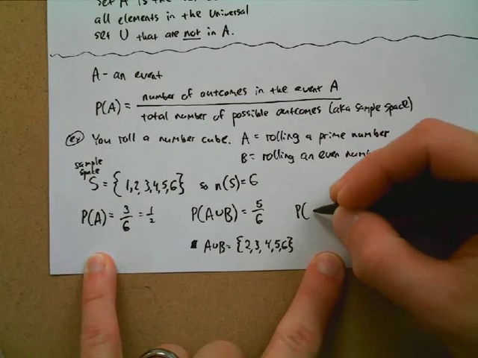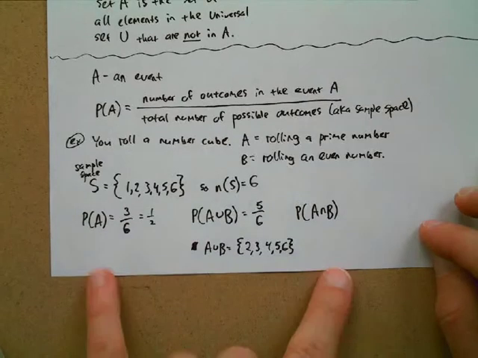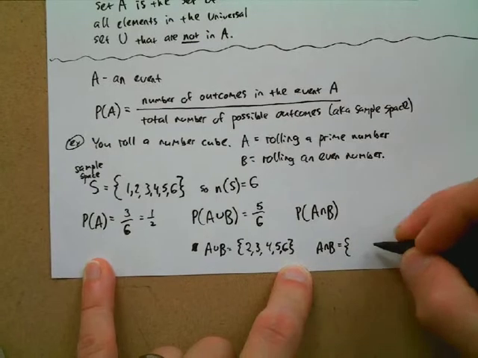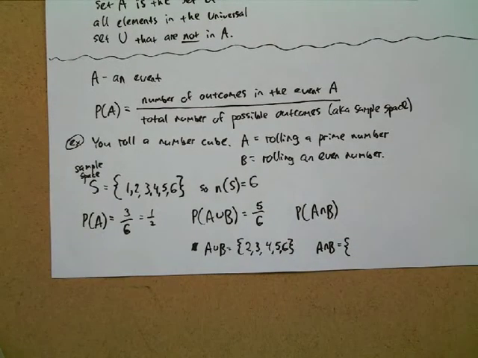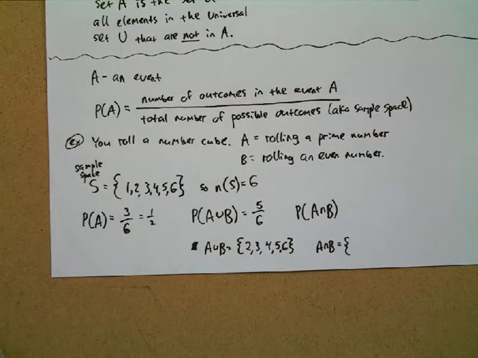And then let's do the probability of A intersect B. So intersection means the elements that are both in A and in B. So what are the numbers on a number cube that are both prime and even?